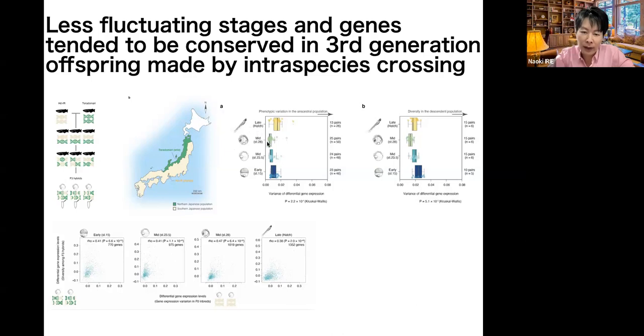And we found that, yes, stable genes, or no, stable developmental stages tended to be more conserved after 3 generations, and stable gene expressions remain to be less variational after 3 generations. So it's possible that stable genes or stability could be the cause of evolutionary conservation.